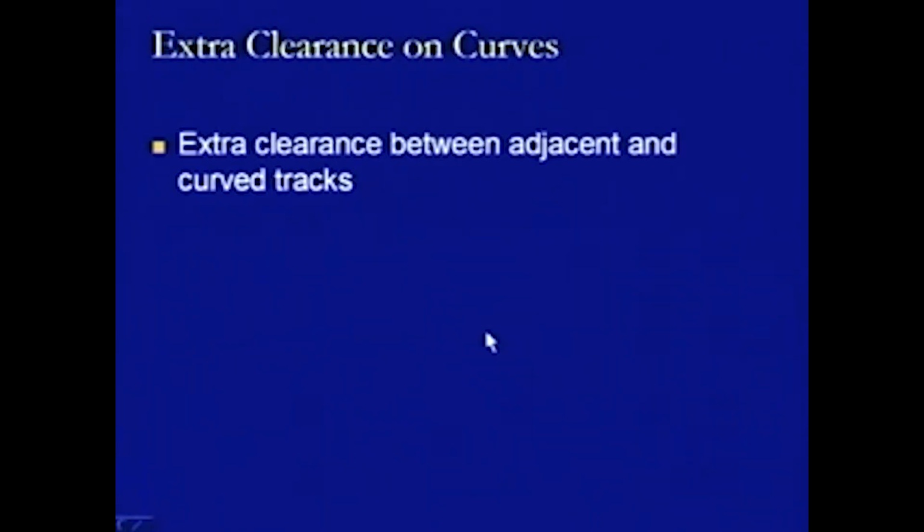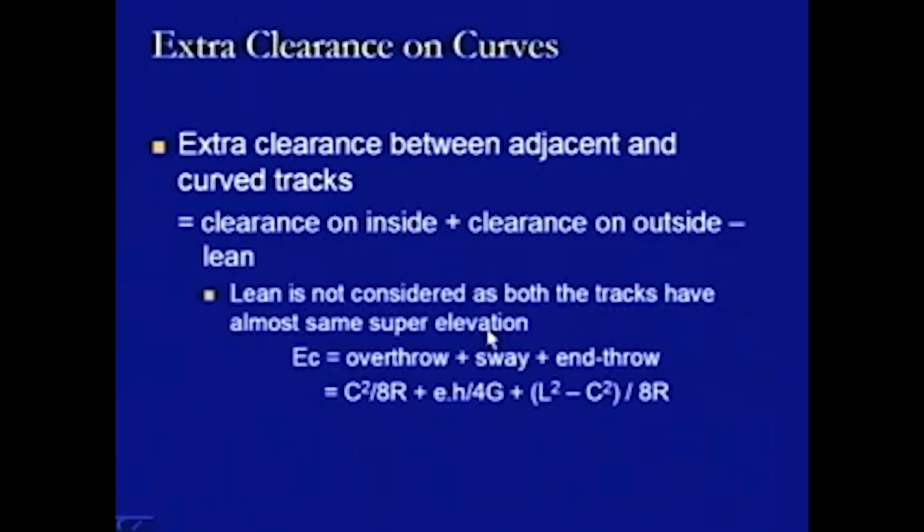Now, we come to the extra clearance between adjacent curved tracks. Here it equals the clearance on the inside plus the clearance on the outside minus the lean, because lean is not to be considered: both tracks have been provided with super elevation at the same rate, therefore the lean effect remains the same. We have also seen that when there is a lean effect on the inside, then on the outer side the bogie goes towards the inner side, so some extra clearance comes at the outer side.